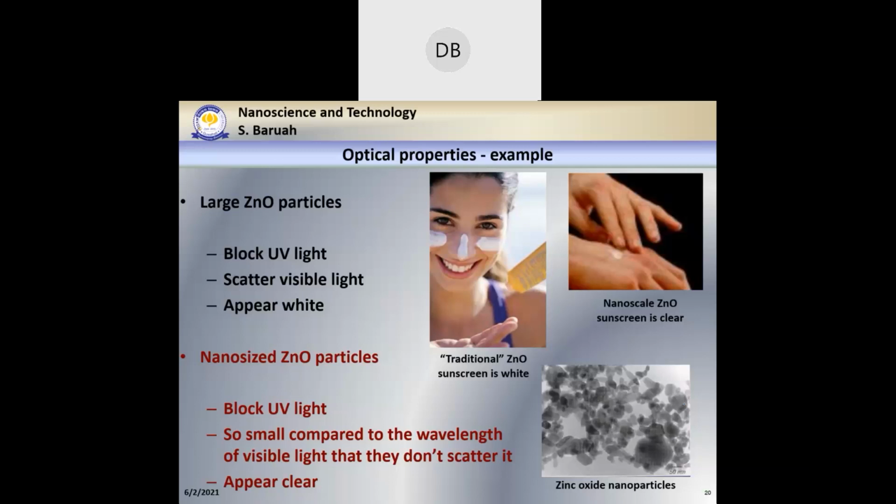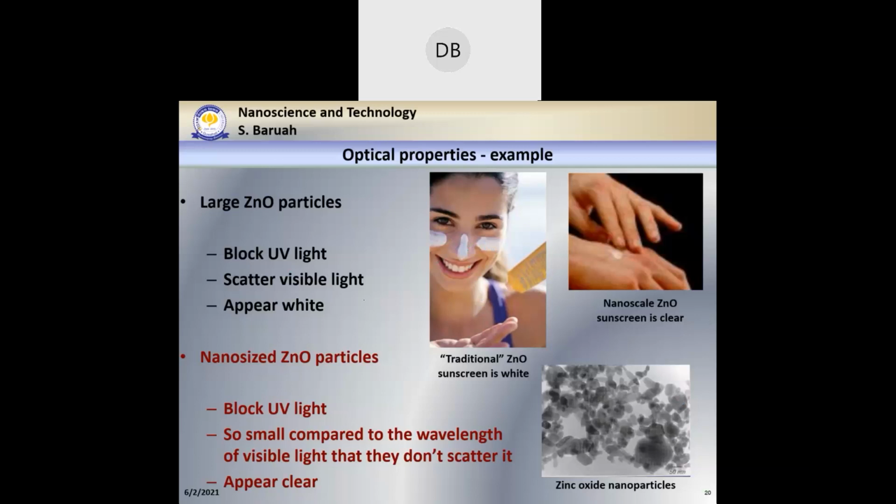So if all the visible light is reflected back, you will see it as white. That's why if you look at this lady here using sunscreen lotion, this is bulk zinc oxide being added, and that's why the color is white, right?